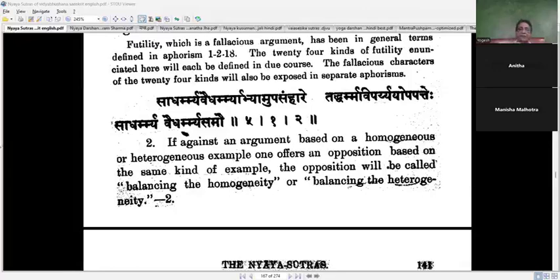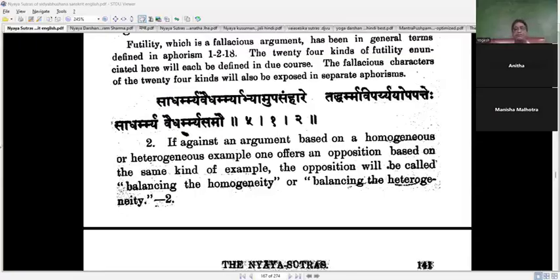And vaidharmya is using opposite qualities to prove his point. Upasamhare, when we reach a conclusion regarding that, tat dharma viparyaya, pointing out that flaw or property in that object, upapatti, sadharmya, vaidharmya, samo. That is the category, the logical fallacy relating to sadharmya or vaidharmya.